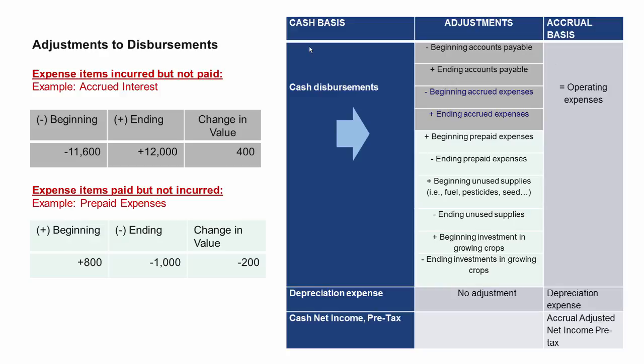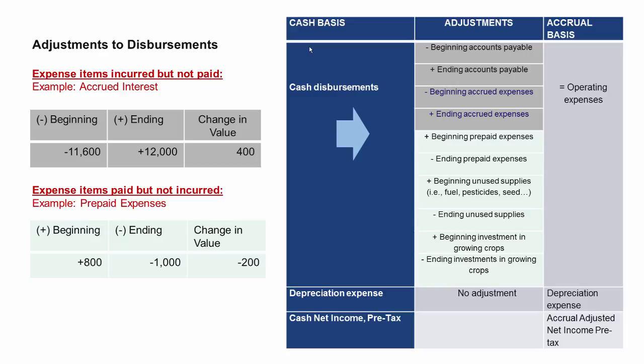So this type of expense needs to be adjusted by subtracting the beginning liability or accrued expense value from the ending liability or accrued expense value and adding that amount to the corresponding cash disbursements. In this example, beginning accrued interest $11,600 is subtracted from ending accrued interest $12,000, resulting in a change of $400, which is added to cash expense.